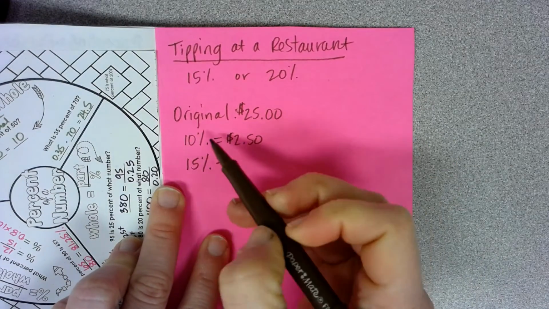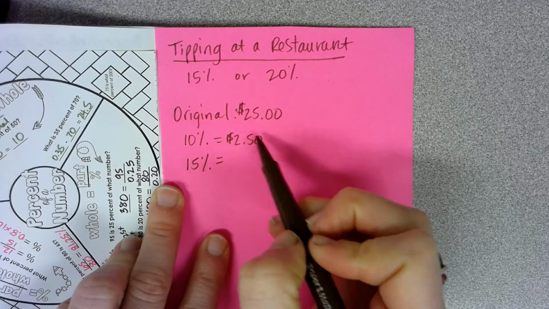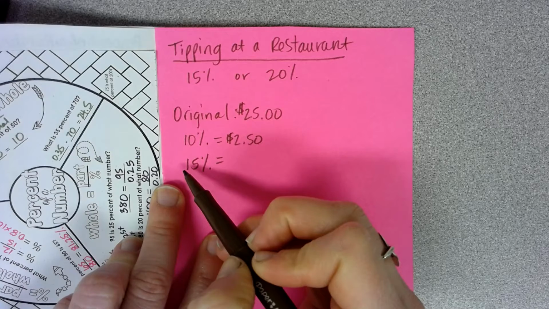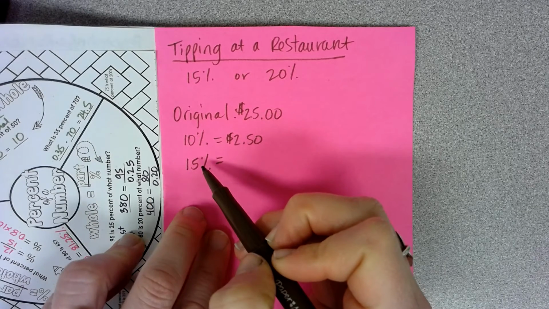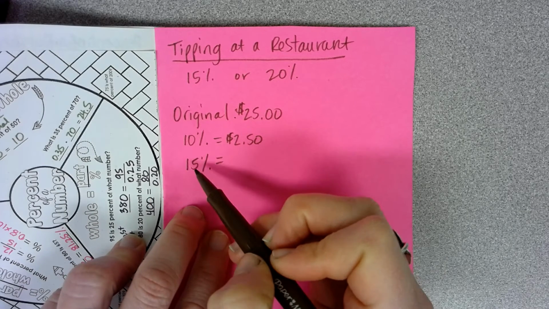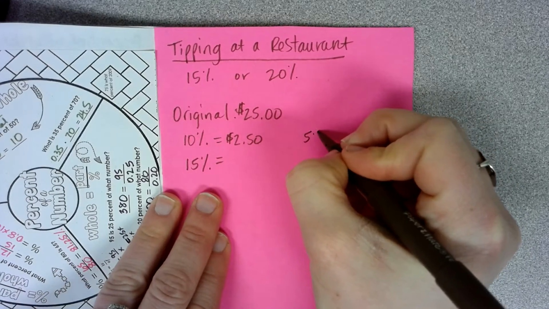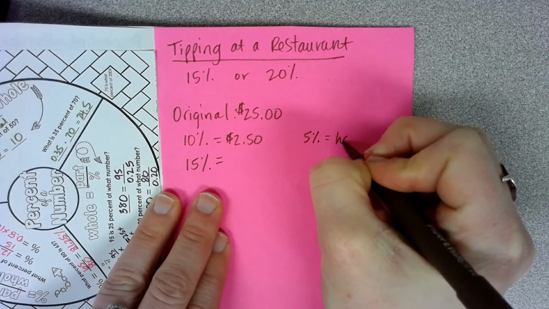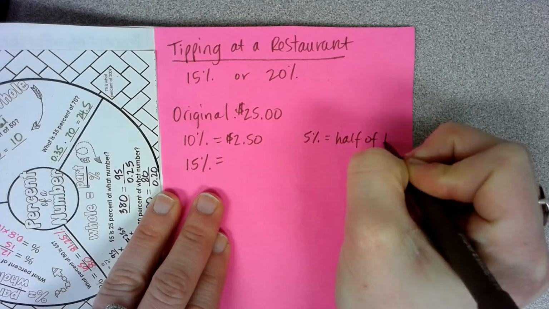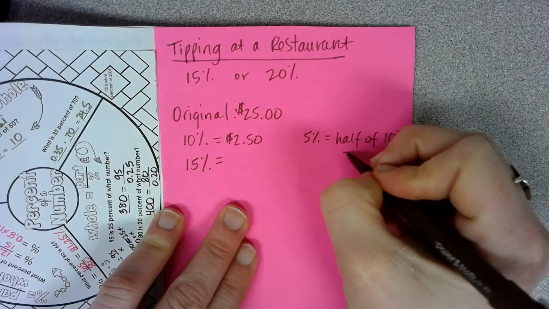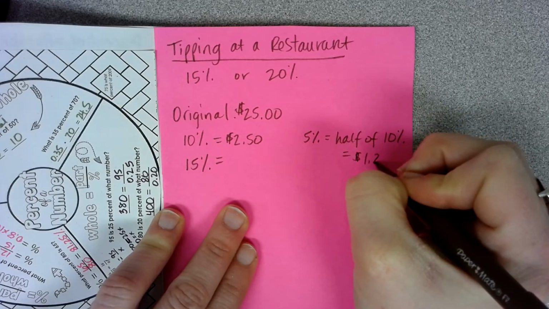Now that you have 10%, you find half of this number because you only need another 5%, okay, to go from 10% to 15%. It has a difference of 5%. So that means 5% equals half of 10%. So I'm going to find half of this, which in this case would be $1.25.